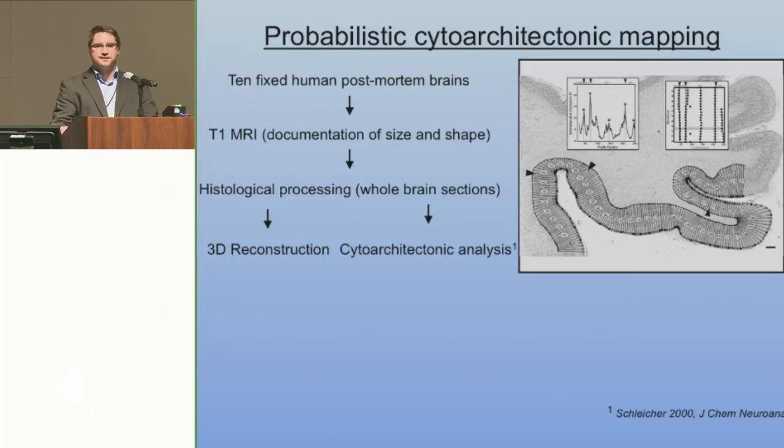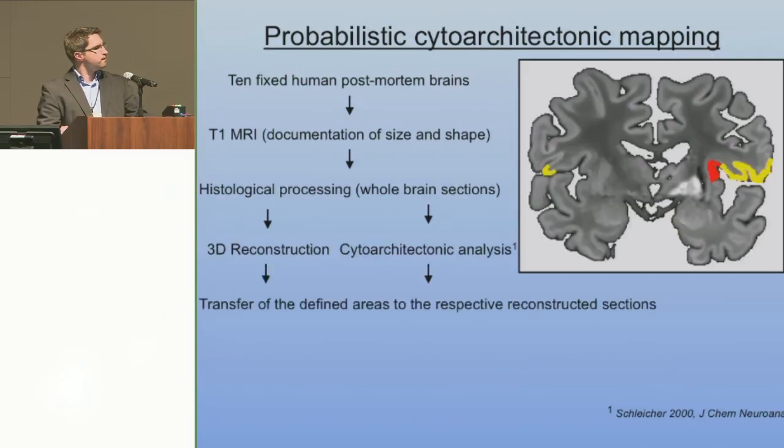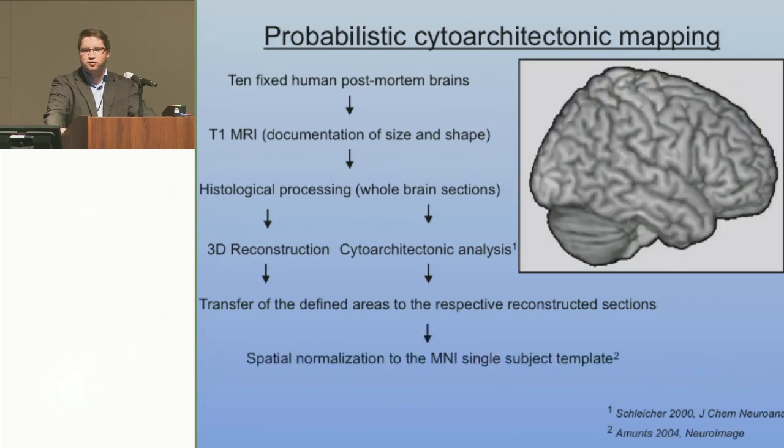And we can do cytoarchitectonic analysis. So that's both classical microscopy, where people look through a microscope and identify features based on laminar structure, on cell packing density, cell size, shape, and so on. But we also do a statistical analysis based on laminar cell density profiles. The results are then transferred to the reconstructed sections, and the post-mortem data is spatially normalized into the MNI reference space.